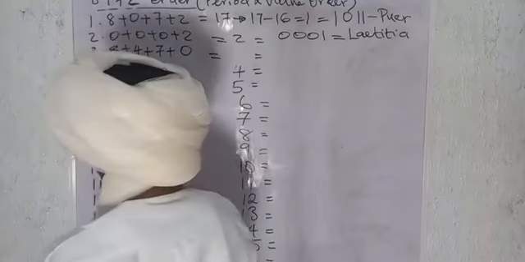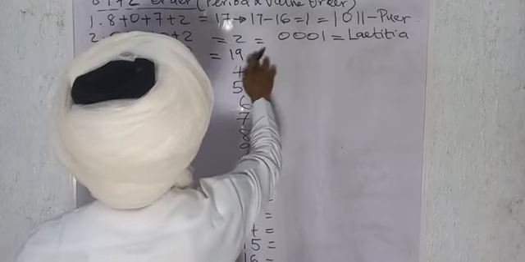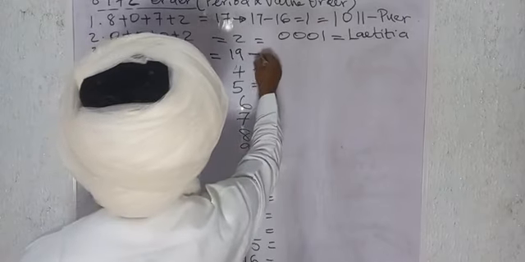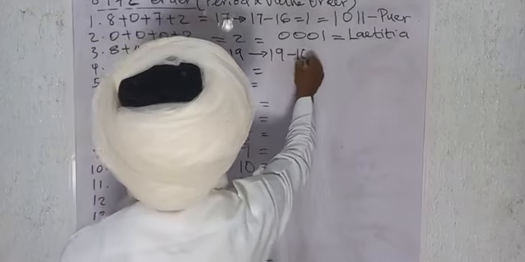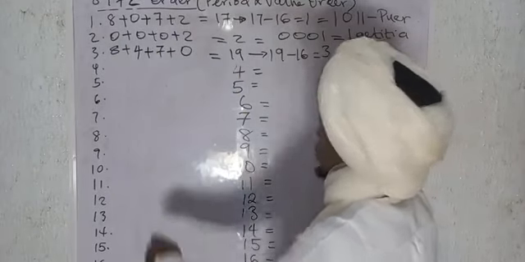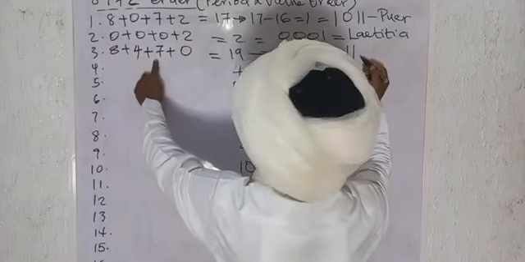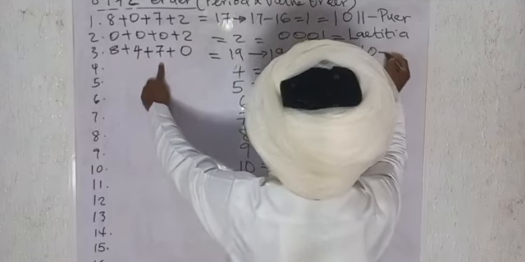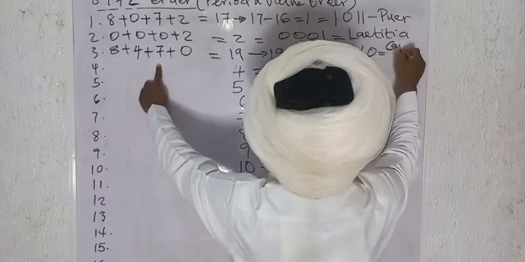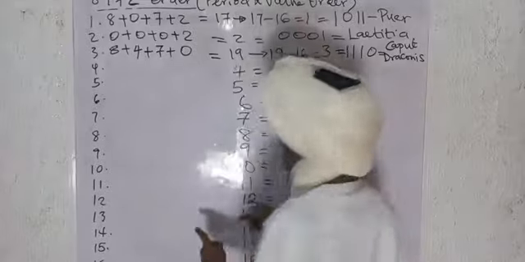Are you following me? So this 19 now that you get, since it is more than 16, you have to remove 16. So we say 19 minus 16. What do you have? 3. Very straightforward. So the figure will now be 1, 1, 1, 0. This is caput draconis. So it comes as figure 3.